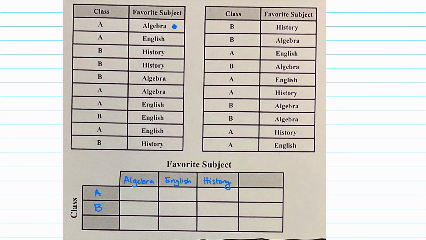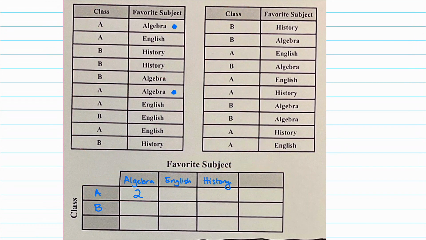This one's algebra, but class B. So again, that doesn't count. So I'm looking only for the ones that have algebra and class A. That would be this one. On the other side, I think that's it, huh? There's only two. Yeah. So over here, there were only two that had algebra and class A.